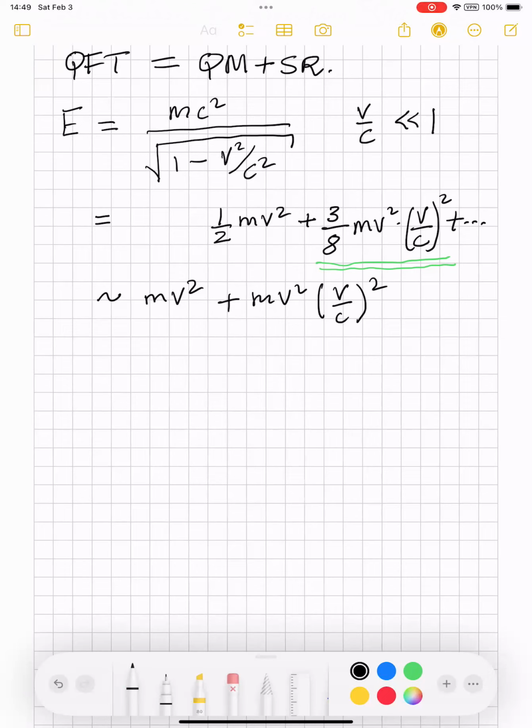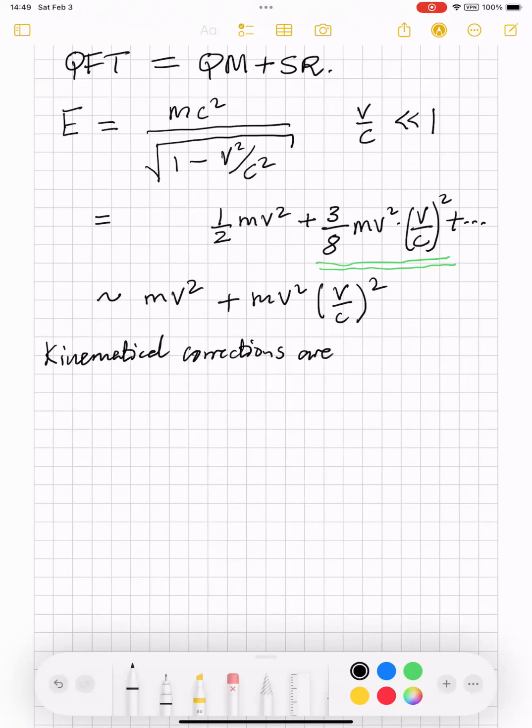And I'm going to summarize that by saying kinematical corrections are of size v squared over c squared.